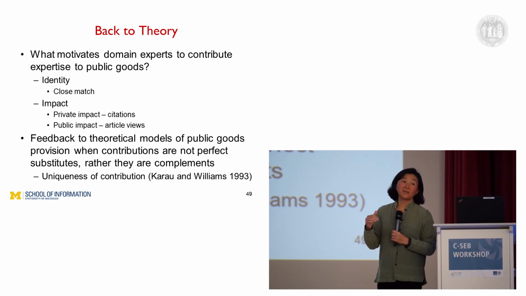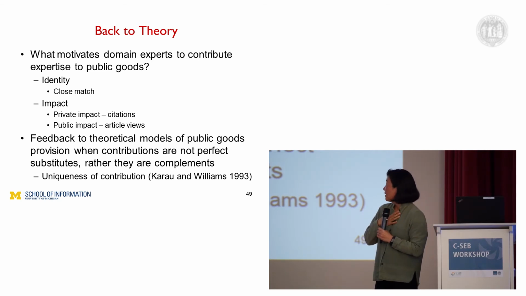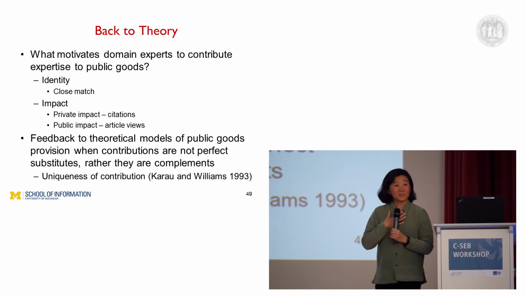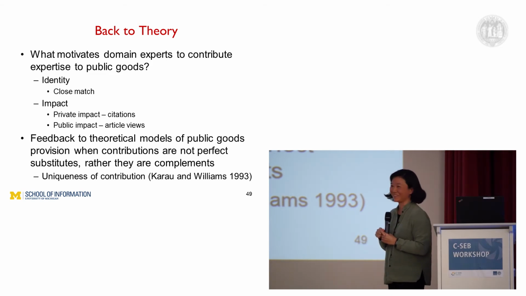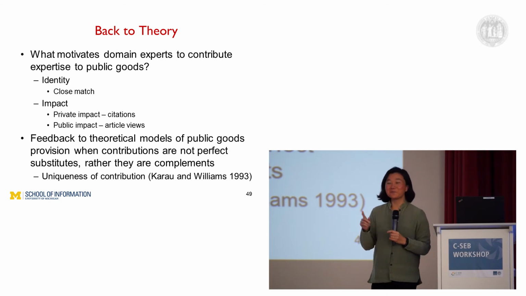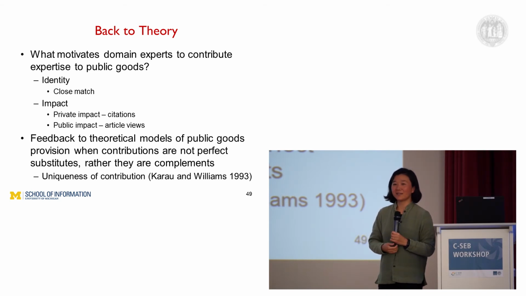And one neat part about running experiments on your colleagues is that you actually get to see them afterwards and you can talk to them about why they contributed to a particular article. So David Cooper came to give a talk at Michigan and he said, oh, I think I was in your experiment. So one of my RAs talked to him about this experiment. He said, I was in one of the conditions, let me see which one I'm in.